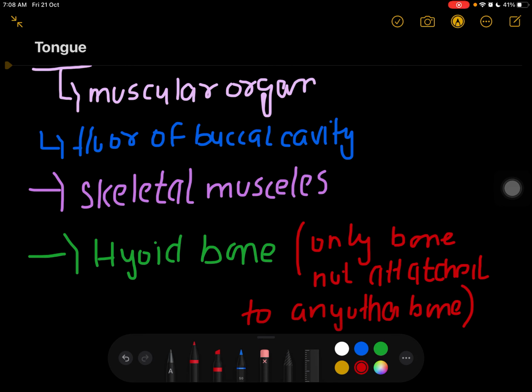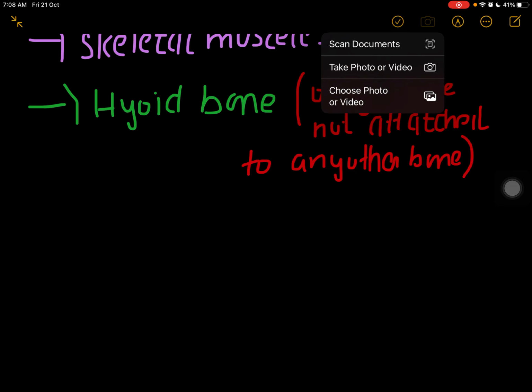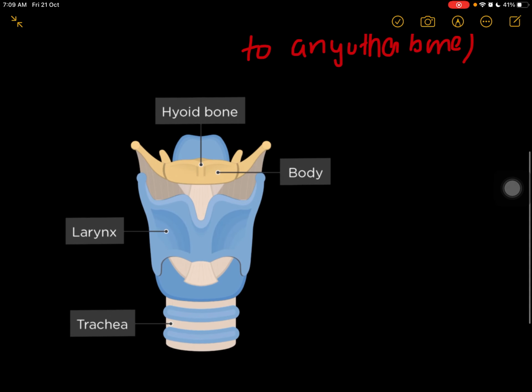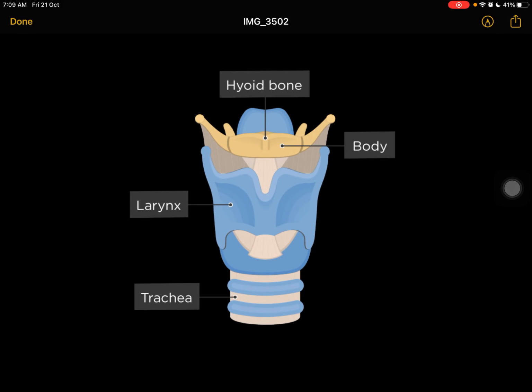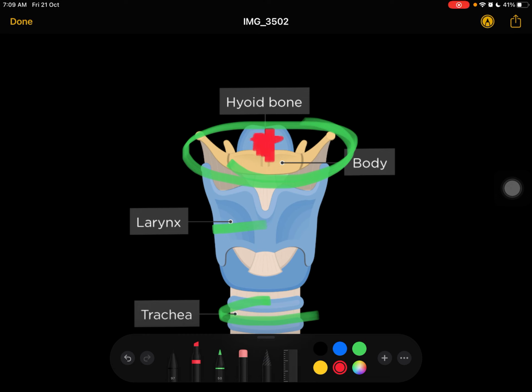Let me show you the diagram of this hyoid bone. As you can see in this diagram, this is your trachea, right? This is the larynx. This is known as the hyoid bone. Your tongue is here, and it is joined with the hyoid bone.